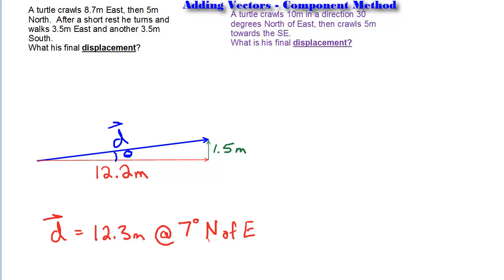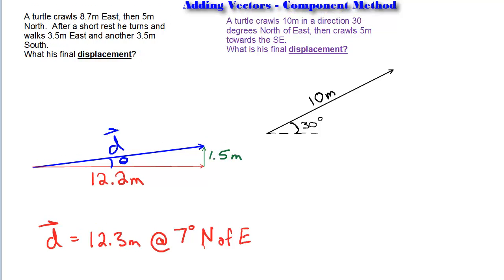Let's see why. If we grab a 10 meter vector that's headed in a direction of 30 degrees north of east, it will look like this. And we're going to add to it 5 meters at an angle southeast. Now in physics, southeast, northeast, northwest, that automatically means 45 degrees. So that's just something you have to know.